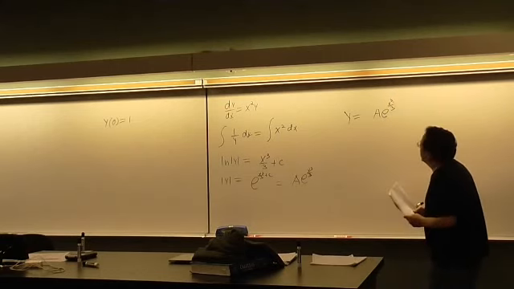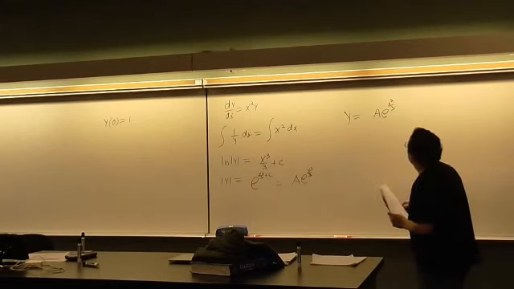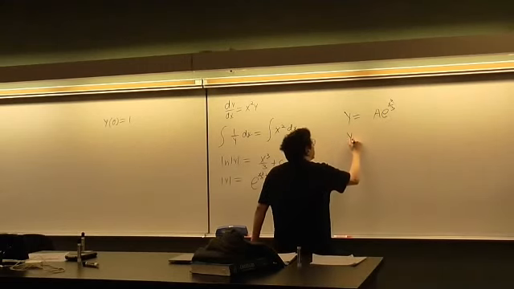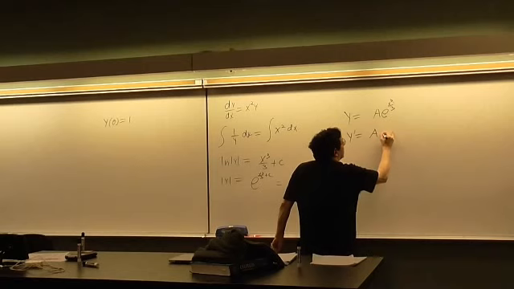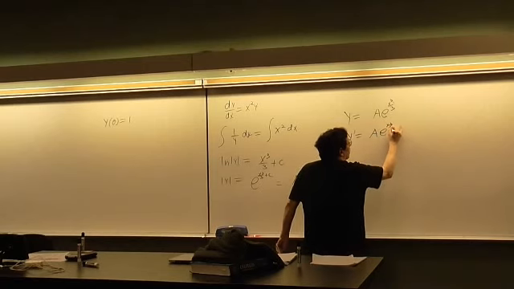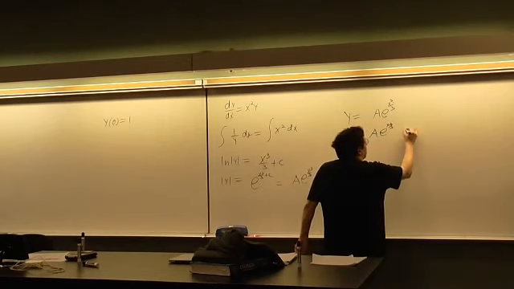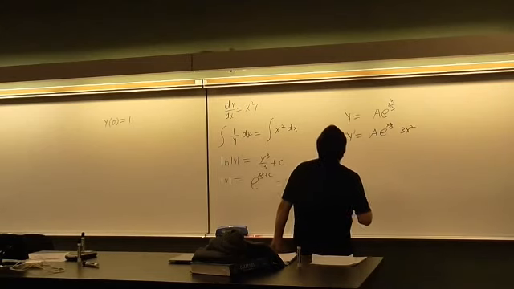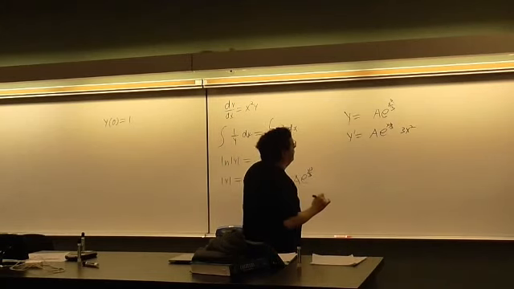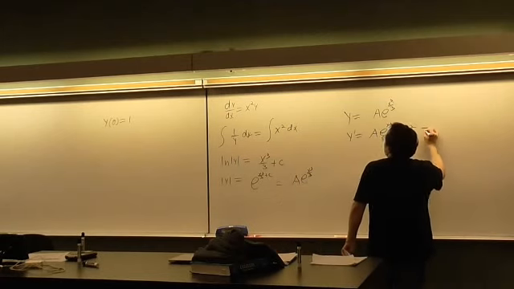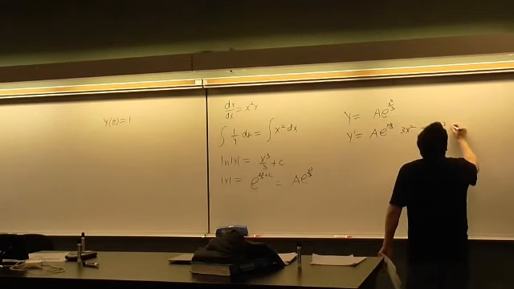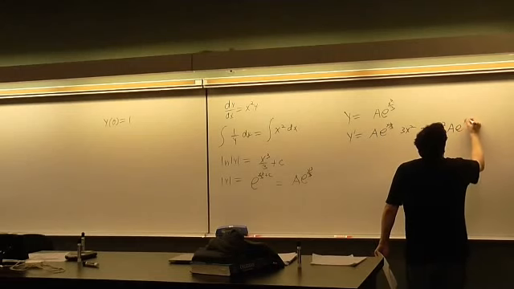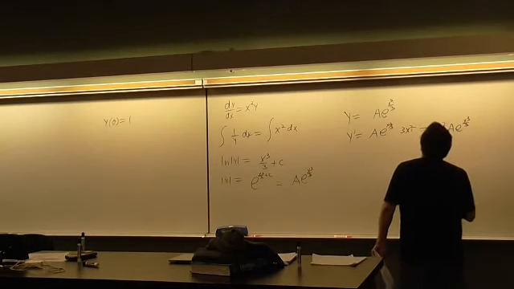I guess we should test that again, shouldn't we? So the derivative of y with respect to x is a e to the x cubed over 3 times 3x squared. And that's supposed to equal x squared times y, which is a e to the x cubed over 3.